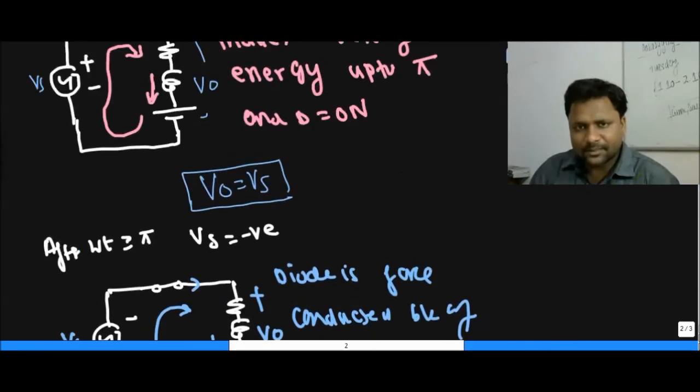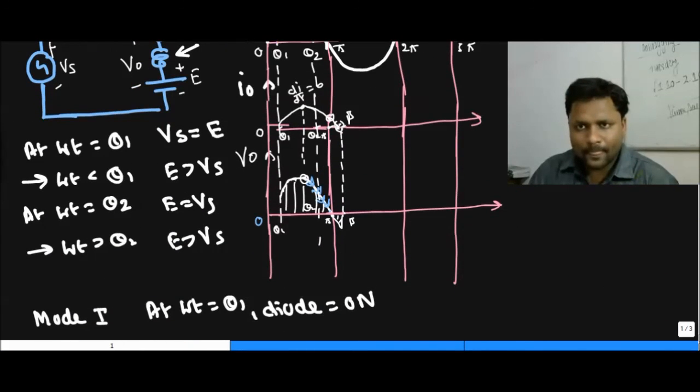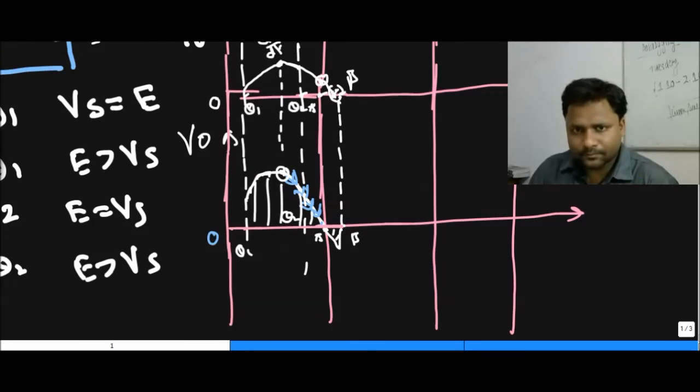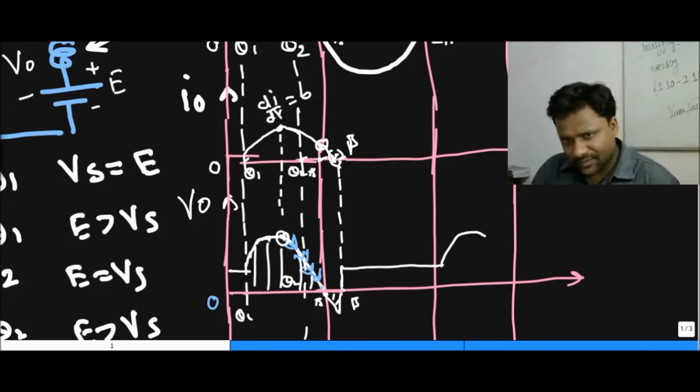So after beta, the output voltage tries to follow the input voltage like this. Similarly, in this fashion, we are obtaining the waveform. It is continuous.